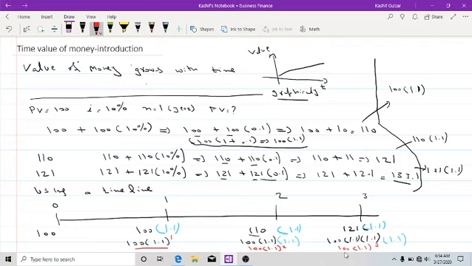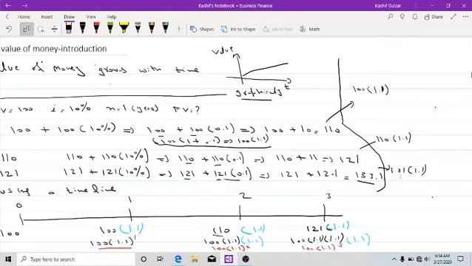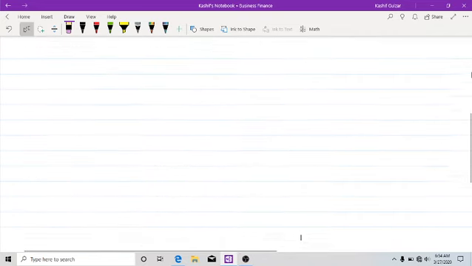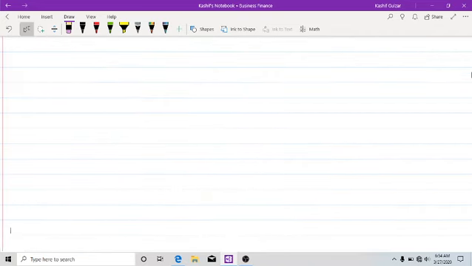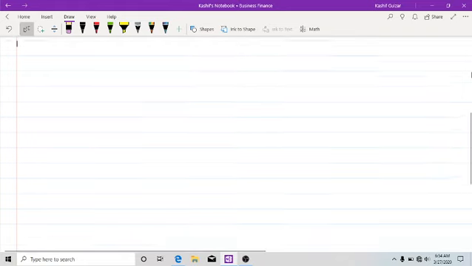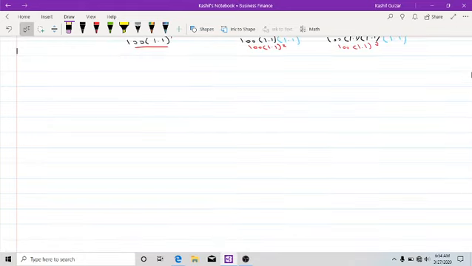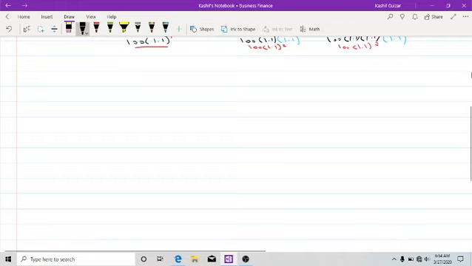Let me just scroll down a little bit. So I can devise a formula through this. I'm just adding the powers during the timeline.